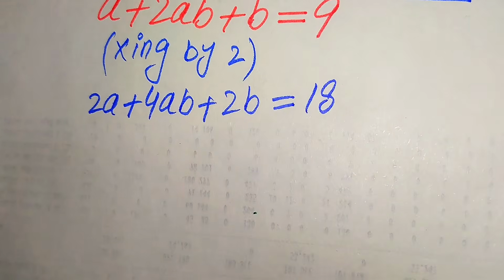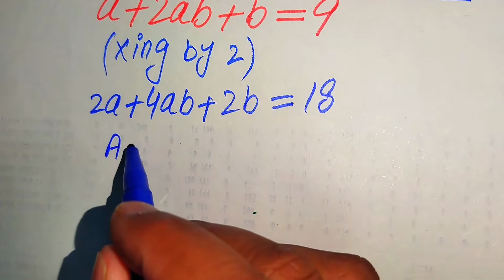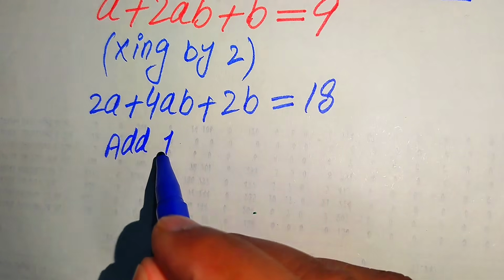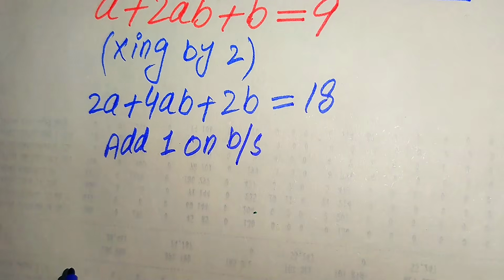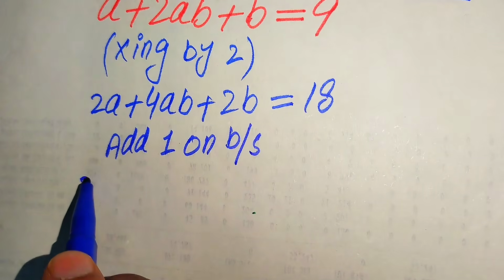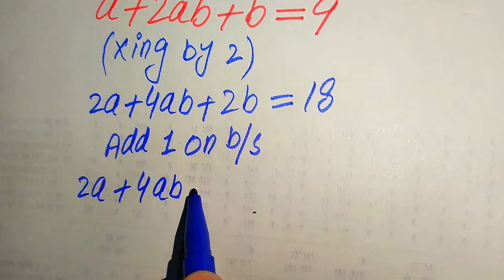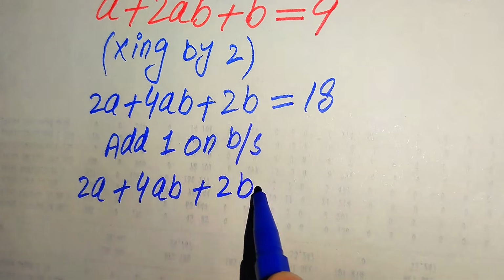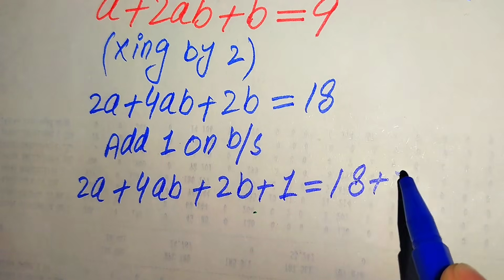And now in the next step, we need to add plus 1 on both of the sides, and after adding 1 it will be written as 2a plus 4ab plus 2b plus 1 is equals to 18 plus 1.